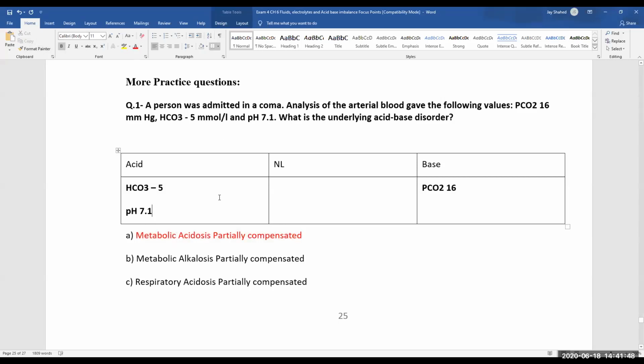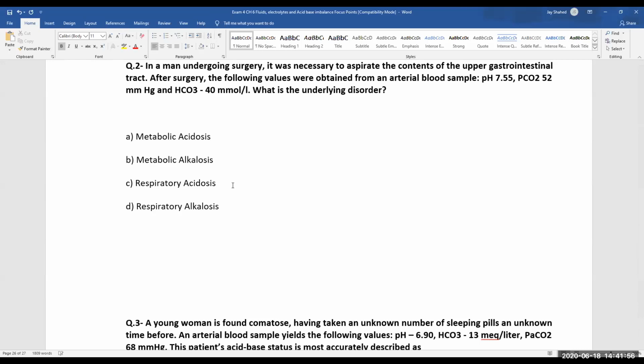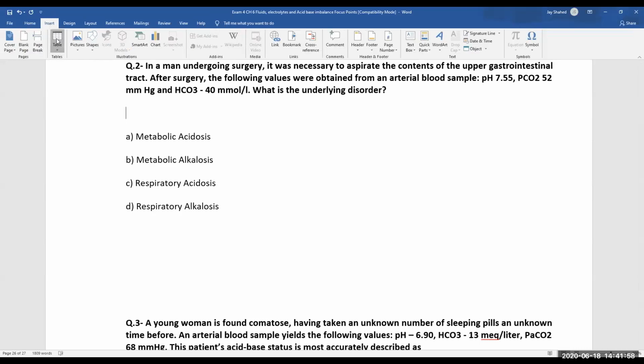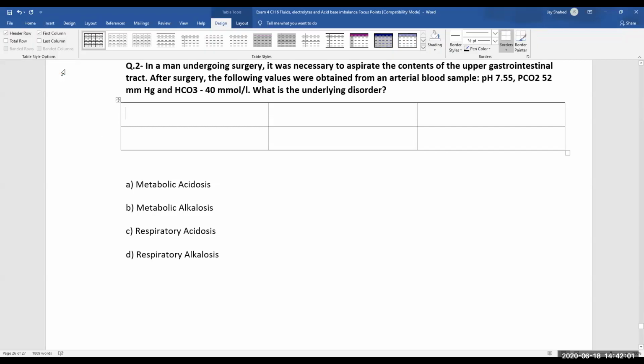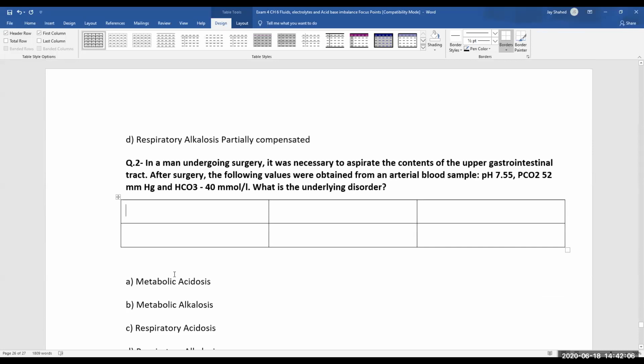Okay, do this. Even though it doesn't say partially or fully, tell me.